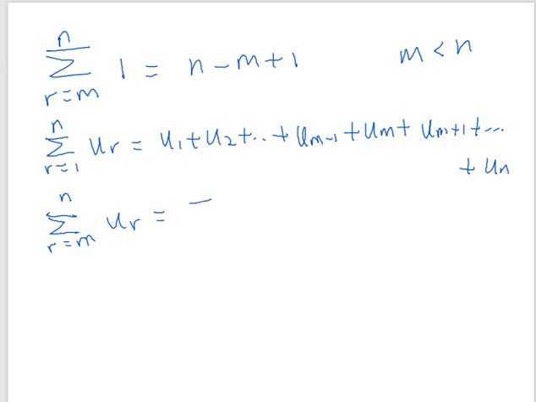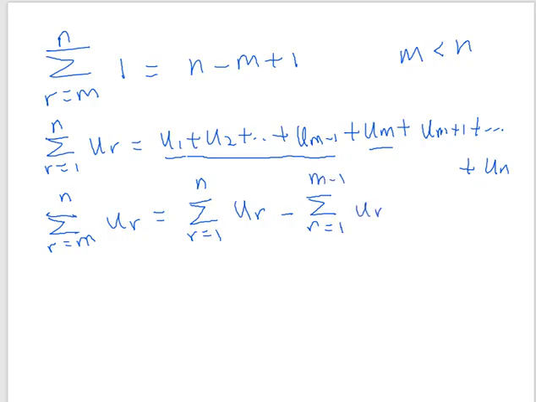you can write it as summation r from 1 to n, ur. But this is too much because all these initial terms are extra. What you want is to sum from um, um plus 1, um plus 2 until un. What you want is from this term onwards. So you should subtract away summation r from 1 to m minus 1, ur.